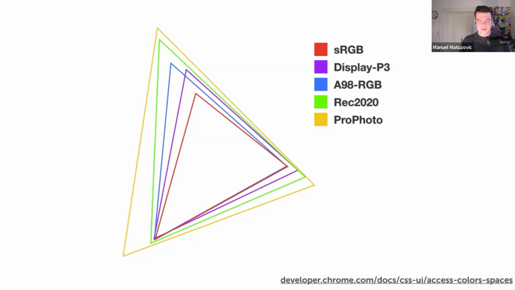And there are other gamuts like ProPhoto or Rec 2020 that can, in theory, display even more colors. So when you talk about the amount of colors that can be displayed, the range of colors, you talk about the gamut, and you can talk about a low range or a narrow gamut or a high range and a wide gamut.